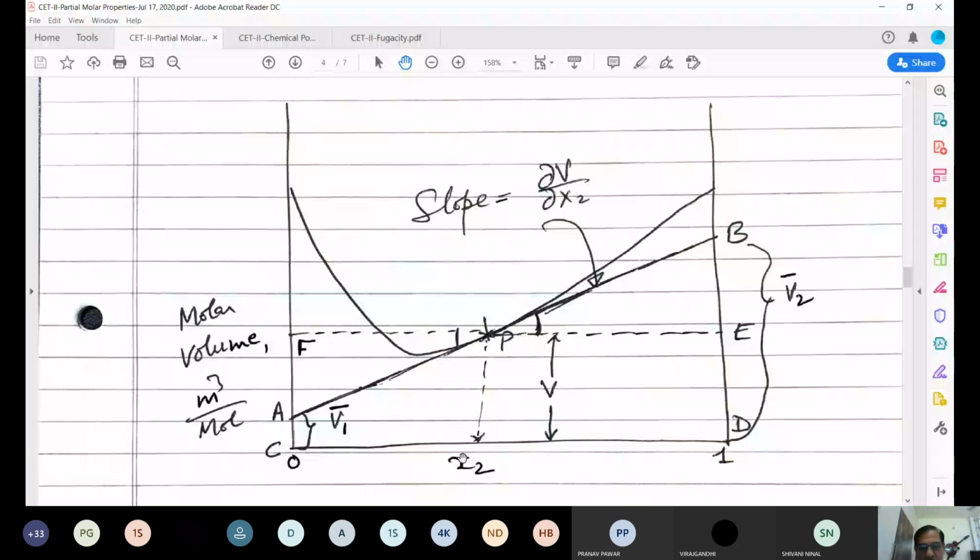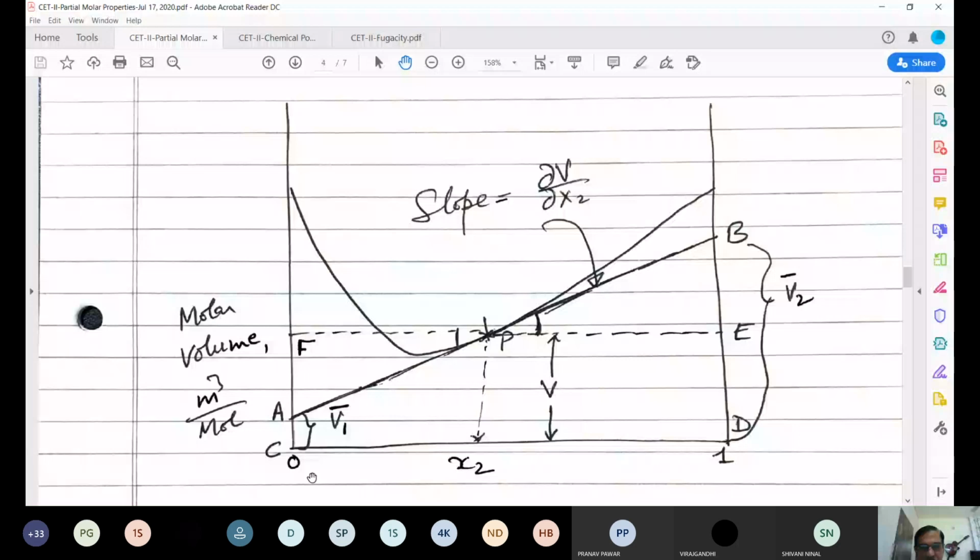If you want the partial molar volume at, say, this composition, then we draw a tangent to the curve at that point. It will intersect at x2 equal to 1 at point B. It will intersect at x2 equal to 0 at point A.